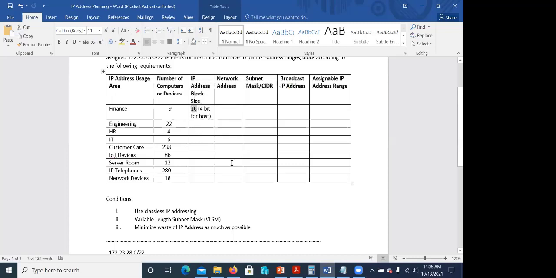Actually, the effective IP addresses will be less, 16 minus 2, because of the 2 addresses, the first one is used for the subnet and the last one for broadcast. That means you can use only 14, and out of them you have to use one for the gateway.